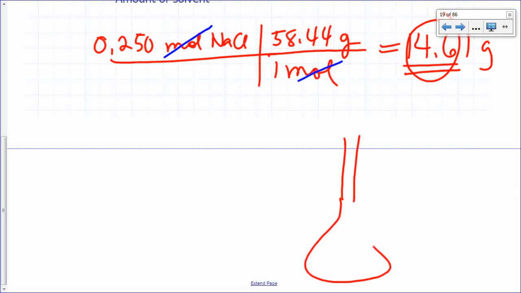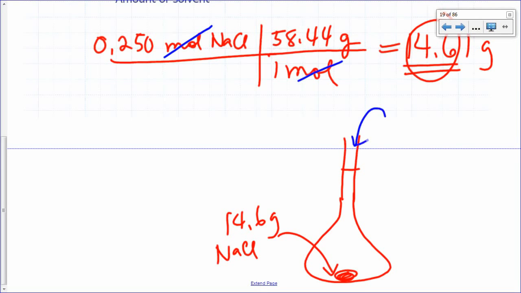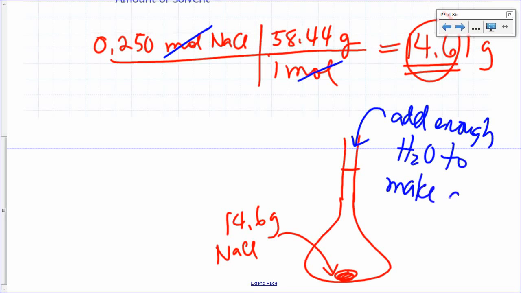I put it in a volumetric flask, so I'm going to transfer 14.6 grams of sodium chloride. I'm going to have a salt here, and then I'm going to add enough water to make it 500 mL.